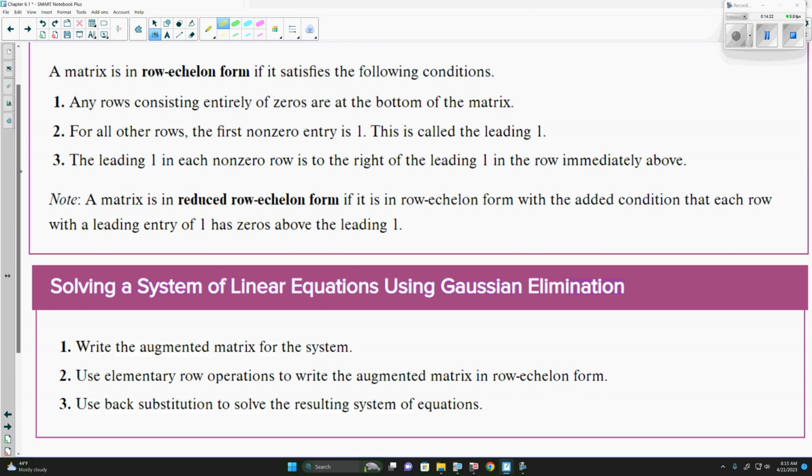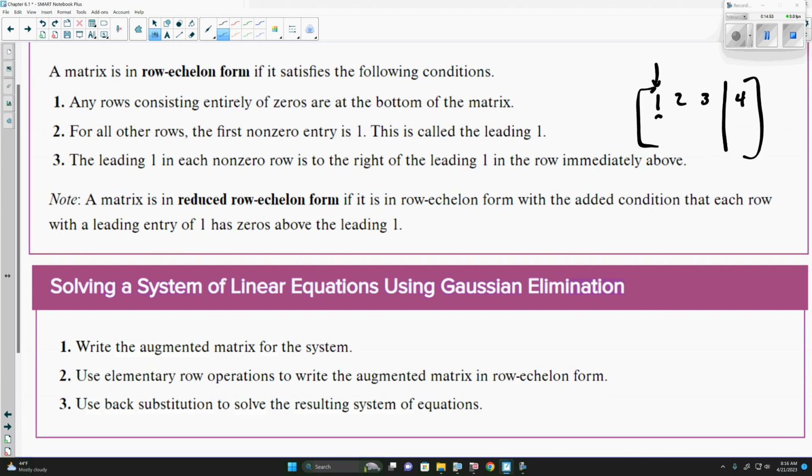So what that's saying, because I believe 1 and 2 made sense, is that for 3, if we have a matrix, we have 1, 2, 3, bar 4. In the first row, this here is the leading 1. The leading 1 in each non-zero row is to the right of the leading 1 immediately above it.